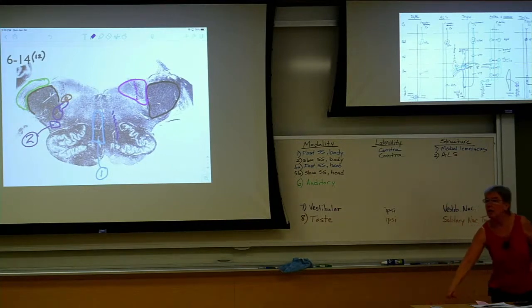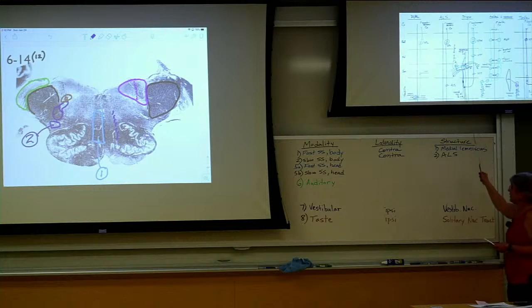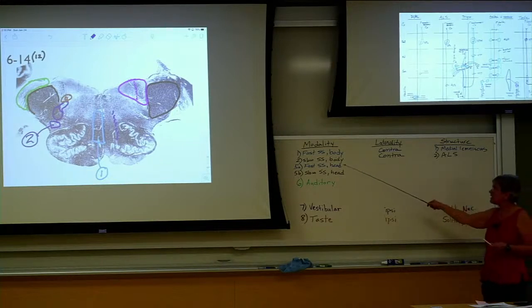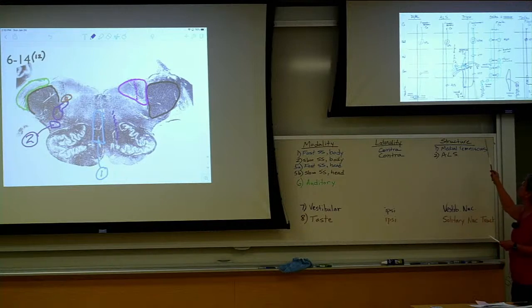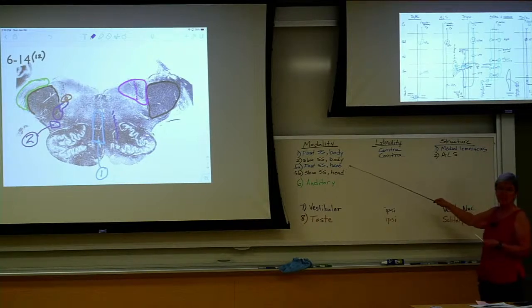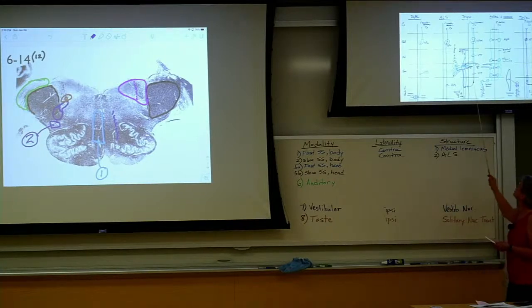Okay, we are in superior regions of the medulla. Do we have any fast somatosensory information for the head going through this section? Pause if you need to. Refer to your diagram. Is there any fast somatosensory? No. But is there any slow somatosensory for the head that shows up in the superior regions of the medulla?